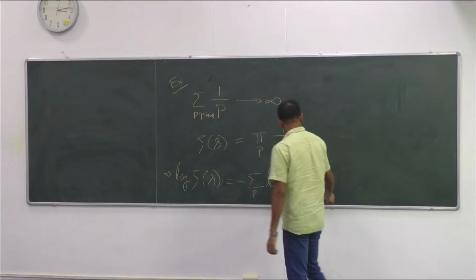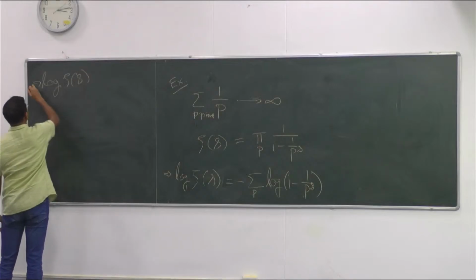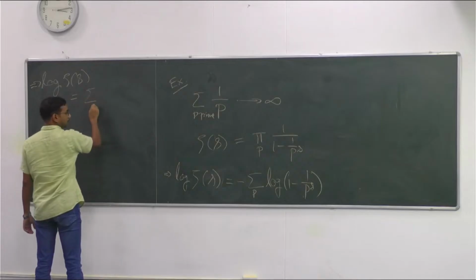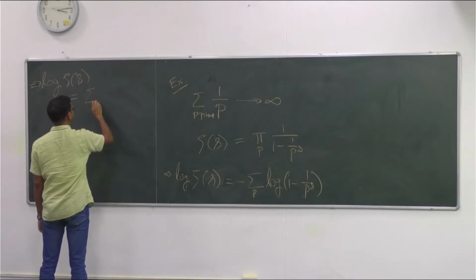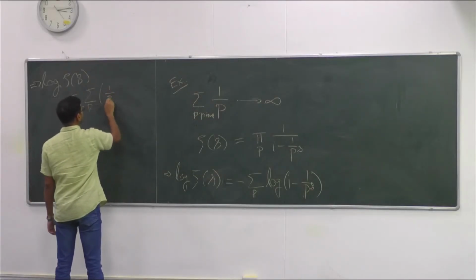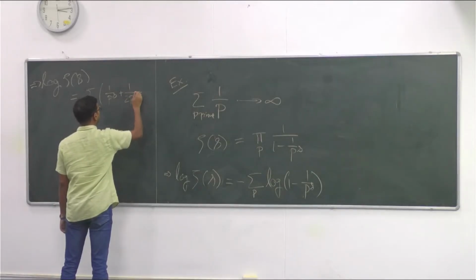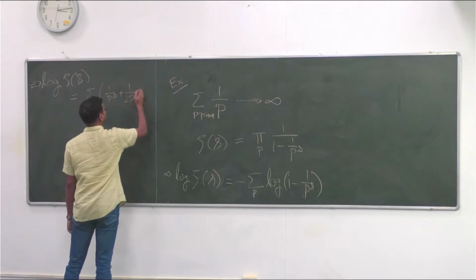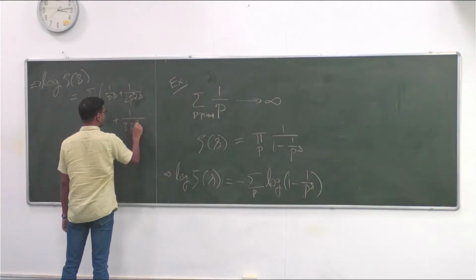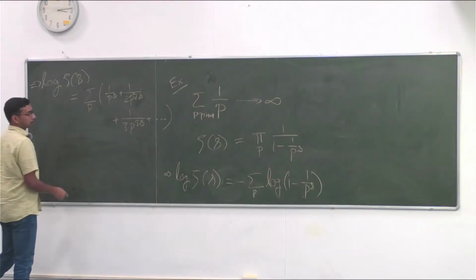So log of zeta s is equal to summation over p of 1 by p power s plus 1 by 2 p power 2s plus 1 by 3 p power 3s plus dot dot dot. That is, you expand the log series.